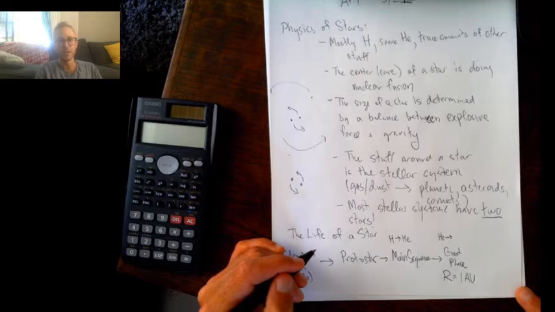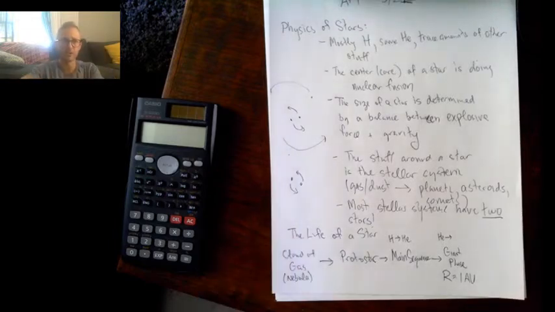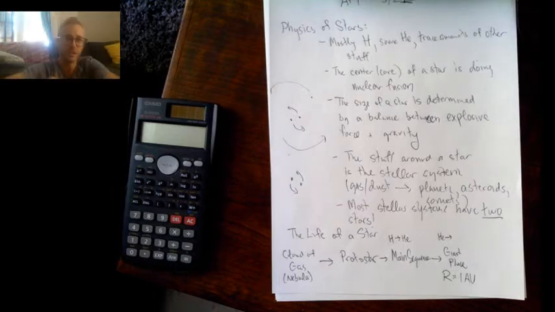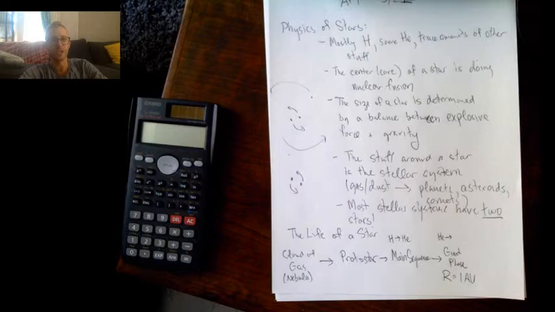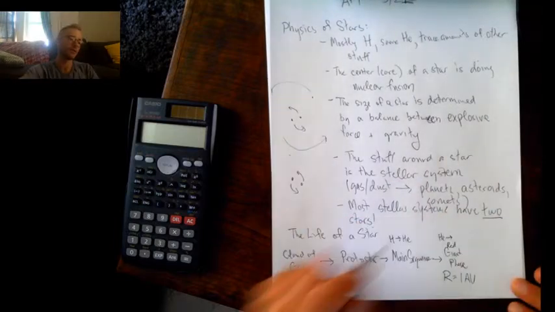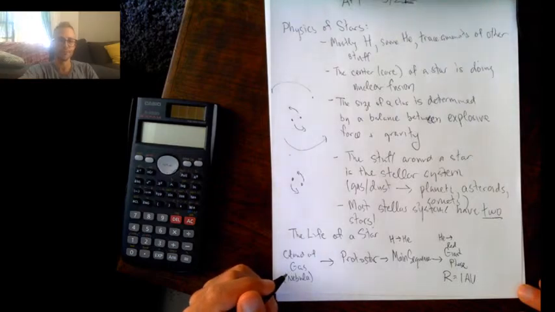Now, even though the interior of the star is more explosive and hotter than it has ever been before, the outside of the star has been puffed out so much that the outside is actually cooler. And so the color of the star changes to the color red. So it's called a red giant. Okay?